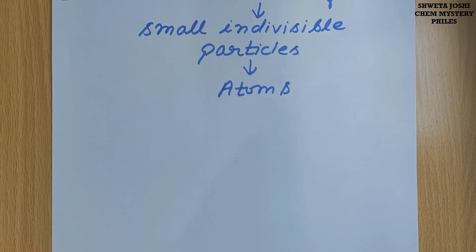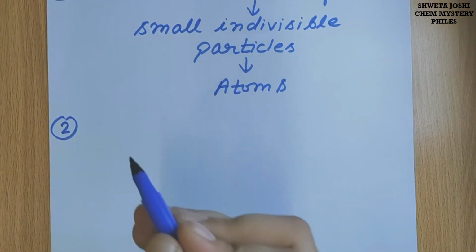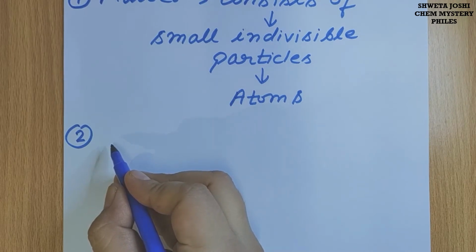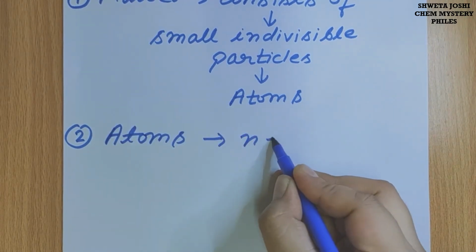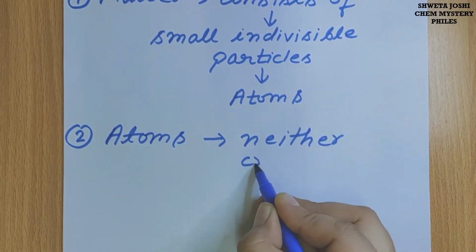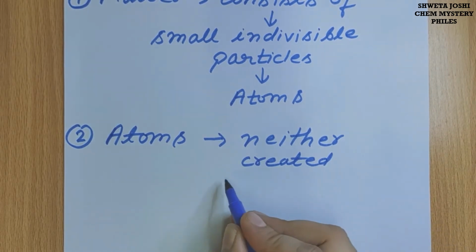Now covering second postulate of Dalton's atomic theory. According to the second postulate of Dalton's atomic theory, atoms are neither created nor destroyed.